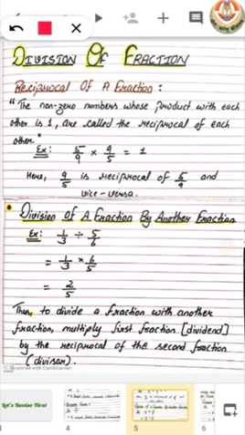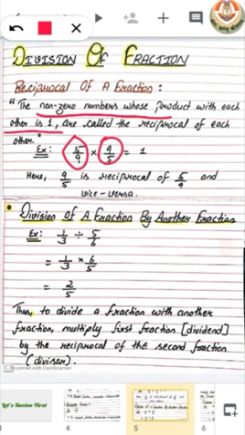The non-zero numbers whose product with each other gives 1 are called reciprocals of each other. For example, 5 by 9 and 9 by 5 are reciprocals of each other. Now, what is the use of reciprocal in division of fractions? Let's try to understand this.